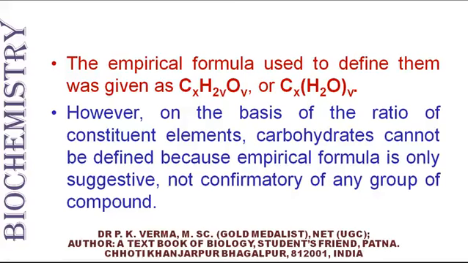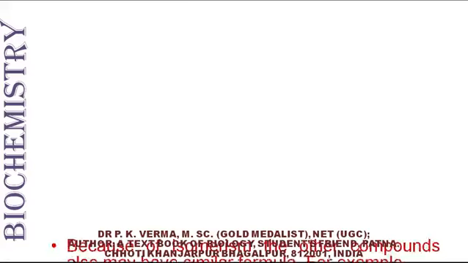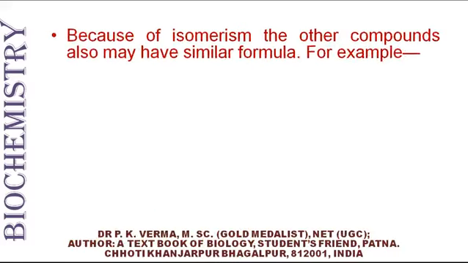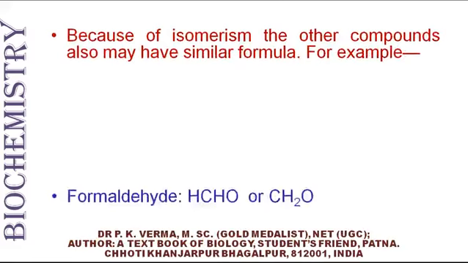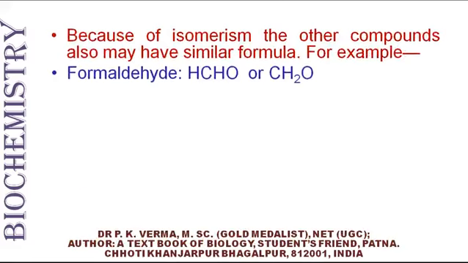In organic chemistry, there is a special property known as isomerism, and because of isomerism, two different compounds may have similar empirical formula. For example, formaldehyde HCHO is CH2O.